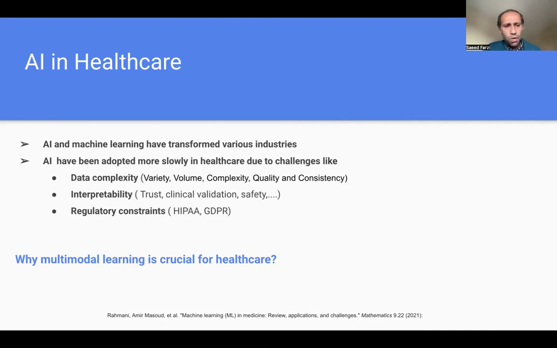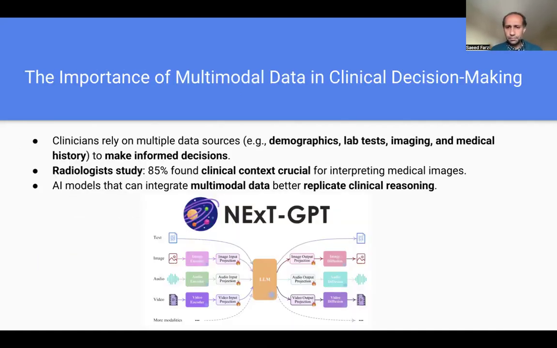Let me ask you a question. Why is multimodal learning crucial for healthcare? This is very important. How a physician investigates a patient is very important, because the AI model should replicate a doctor, a physician, to make an informed decision. A doctor, when visiting a patient, tries to study demographic information, lab test results, imaging, and the medical history of the patient.